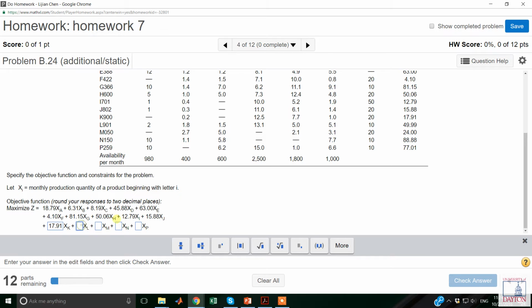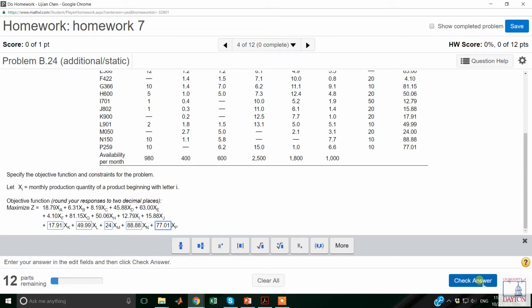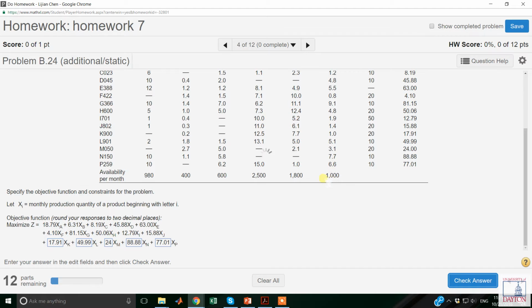And XL will simply be 49.99, XM will be 24, XN will be 88.88, and 77.01. Okay, so check it. Yeah, definitely good.